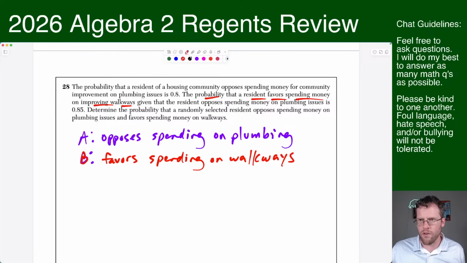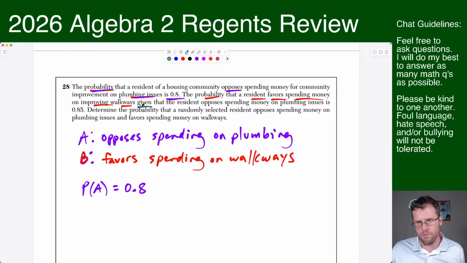So from here, they tell us the probability that a resident opposes spending money on improving plumbing is 0.8. So probability of A is 0.8. And then they tell us the probability that a resident favors spending money on improving walkways, given that the resident opposes.